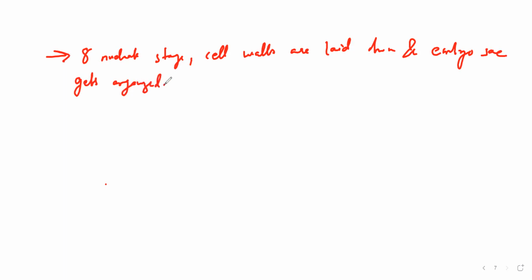Right? So now we have 8 nucleate members, out of which 6 of the 8 nuclei are going to get surrounded by cell wall.